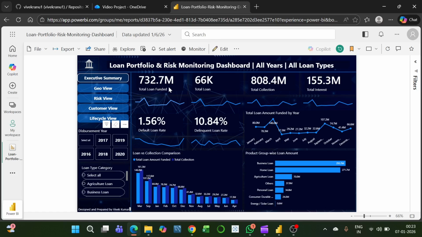However, when we look at the default and delinquency rates, we can already identify early risk signals, especially delinquency, which acts as a leading indicator before defaults occur. This page helps leadership quickly assess: are we broadly on track, and where should we look deeper?